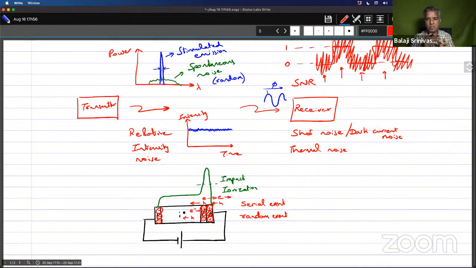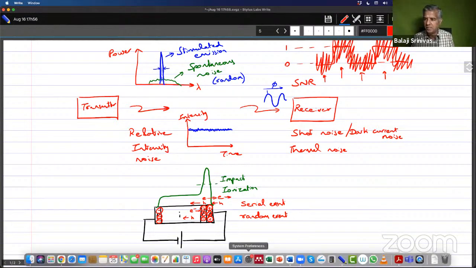So it's both serial as well as random. The serial nature comes from the fact that it's a ripple effect, but the randomness comes from the fact that you cannot tell with certainty that every electron is going to generate so many electron hole pairs. Okay, so hopefully that answers the question.